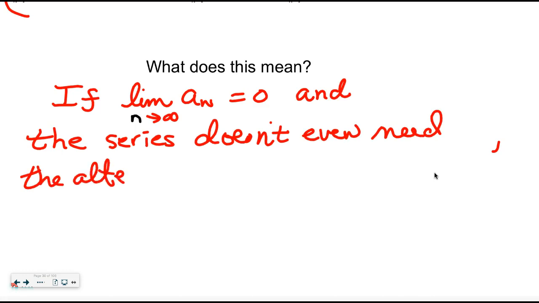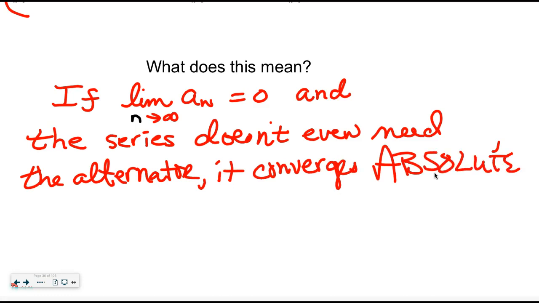Do you think we say it's absolutely convergent or conditionally? If it doesn't even need the alternator, it's absolutely convergent. If it doesn't even need the alternator, it converges, what we say, absolutely.